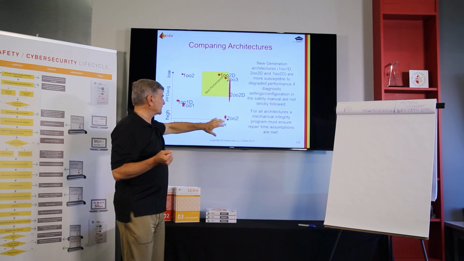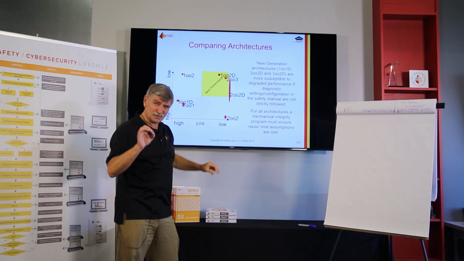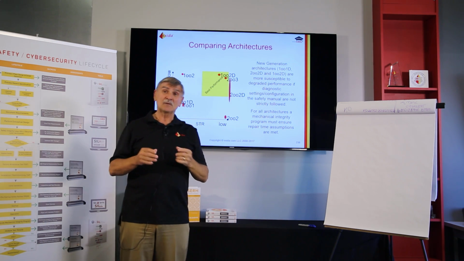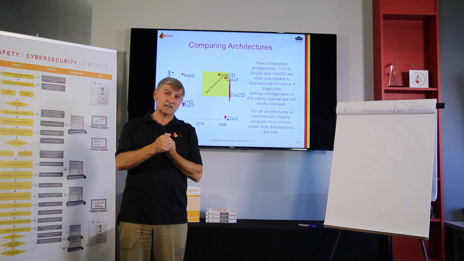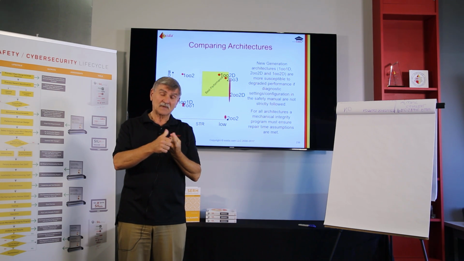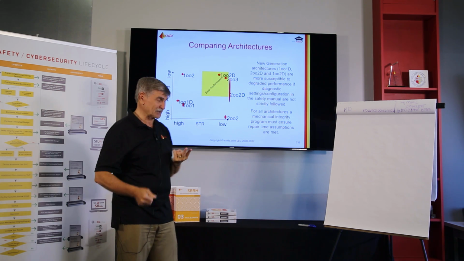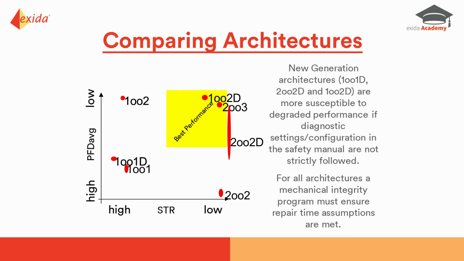In process industry, we must have a low spurious trip rate because shutdown of a process unit might not only create dangerous conditions, but it might be very costly, far more than extra controller hardware, actually. Now, the 2 out of 2D could be effective if it has very good diagnostics, even greater than 95%.